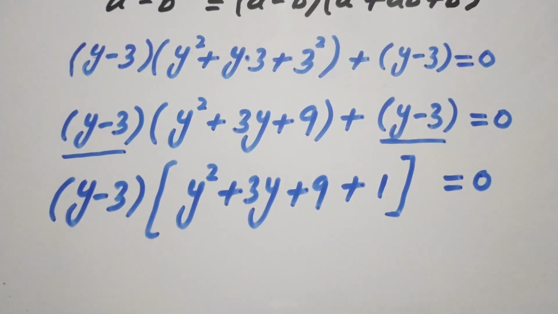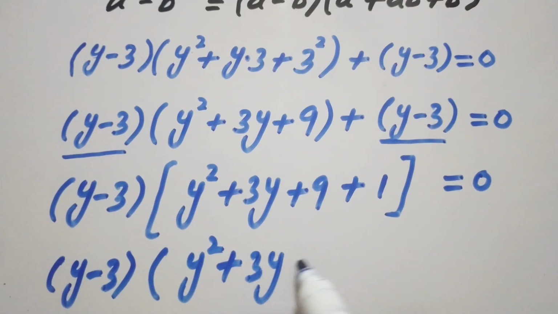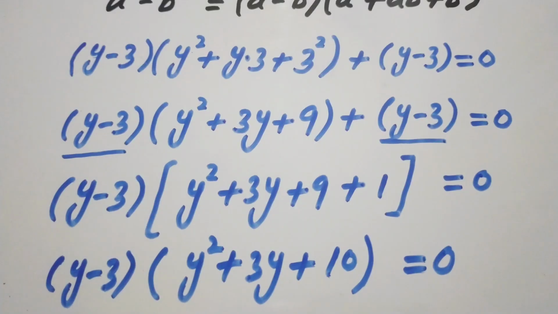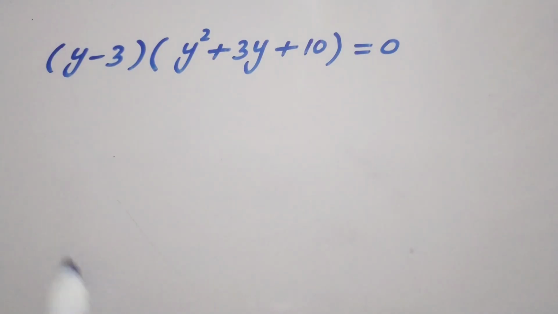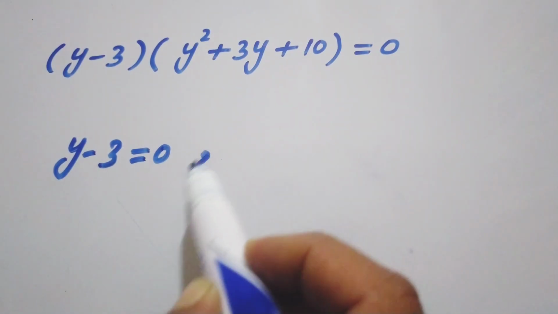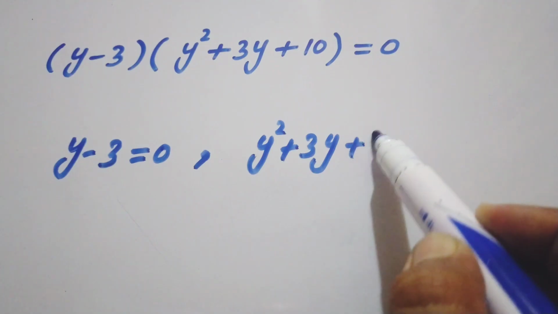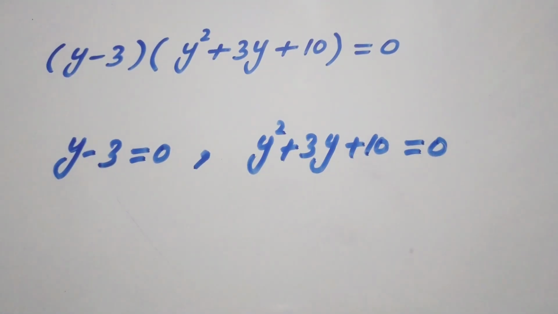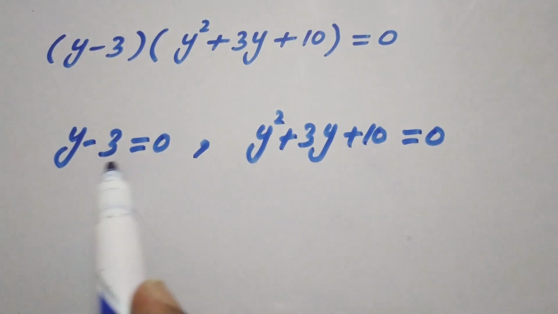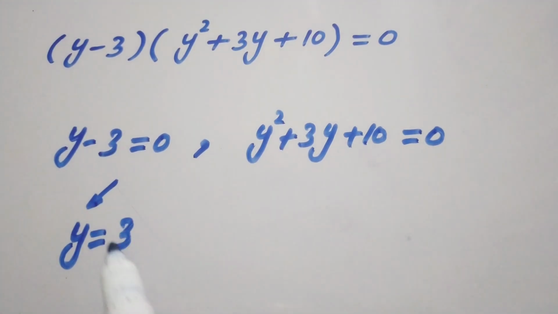Now we have two factors, y minus 3 into y squared plus 3y plus 9 plus 1, 10, is equal to 0. Now y minus 3 is equal to 0 and y squared plus 3y plus 10 is equal to 0. From y minus 3 is equal to 0, we get y is equal to 3.